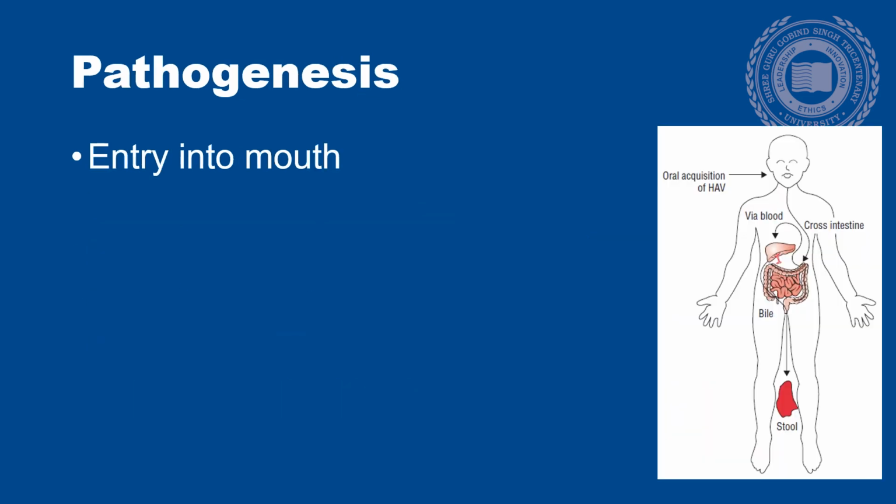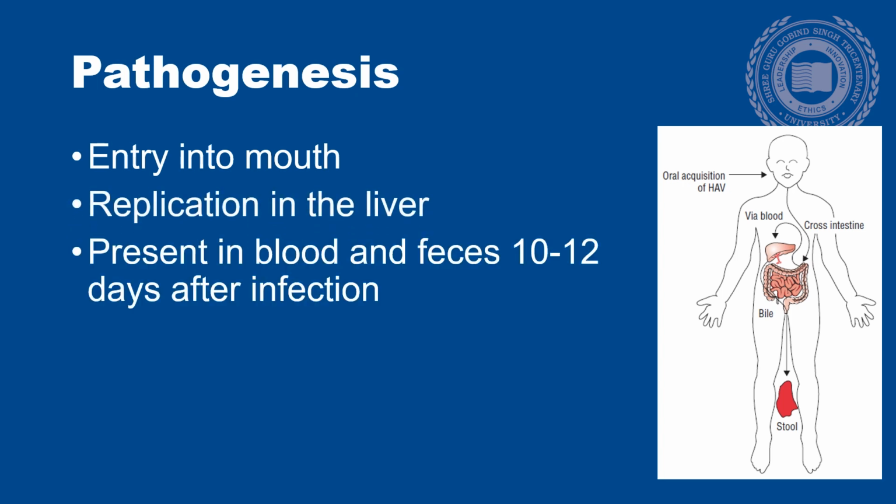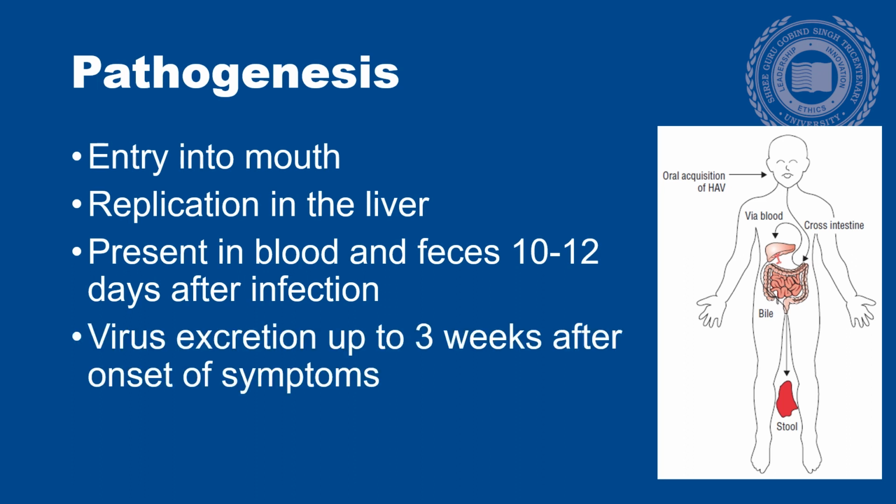The pathogenesis of hepatitis A includes entrance of the virus through the mouth, then it replicates in the liver and it is present in the blood and feces for 10 to 12 days after infection. Its excretion can go up to 3 weeks after onset of symptoms.